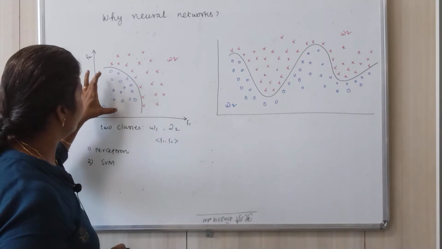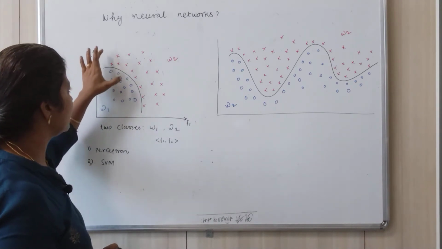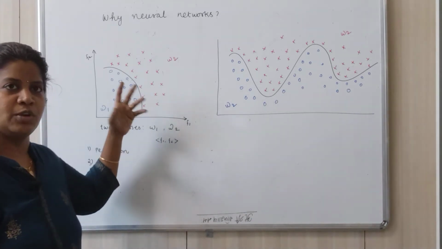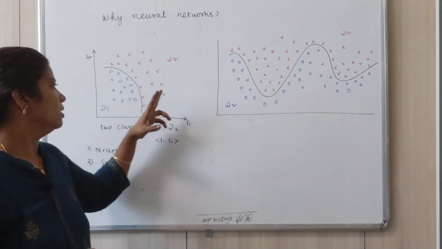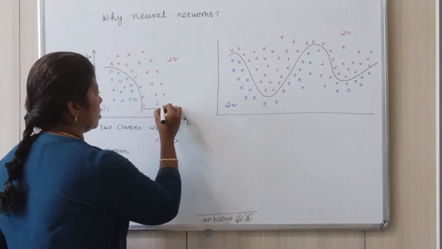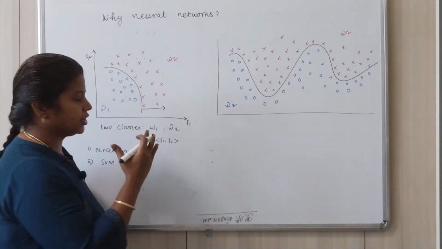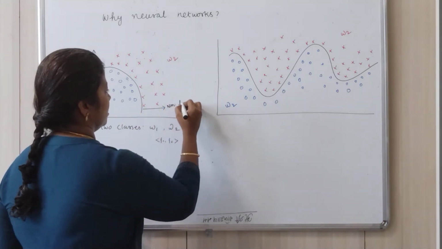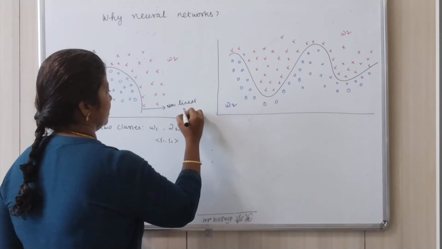But in the case that we have considered here, we cannot have any straight line that can separate the samples belonging to the two different classes. Instead, what we can have is a non-linear decision boundary.